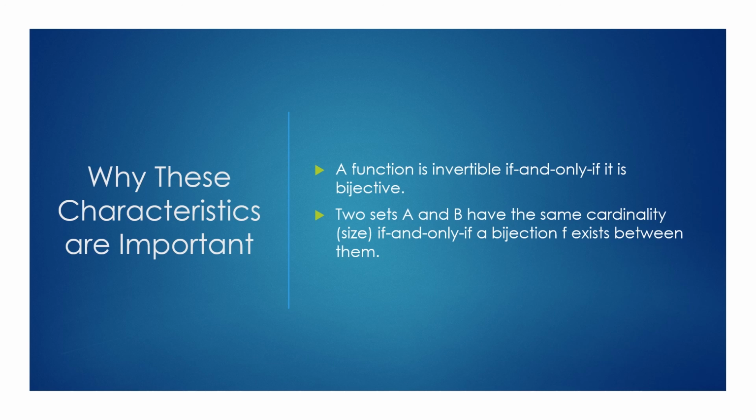And two sets, A and B, have the same cardinality if and only if a bijection exists between them. What that means is that they map one-to-one, and therefore the whole set is of the same cardinality. There's exactly the same number of elements, or size, to that set in both of them. They're identical in that regard.